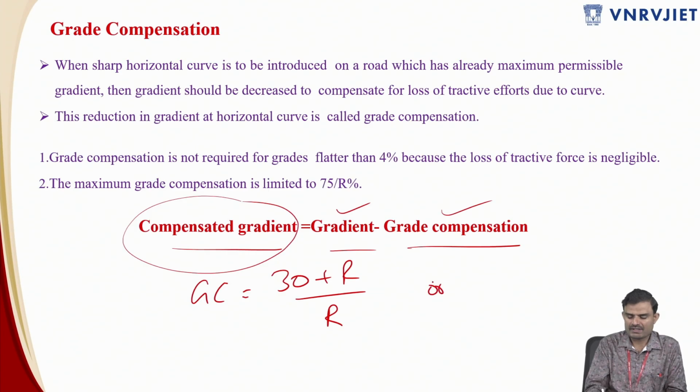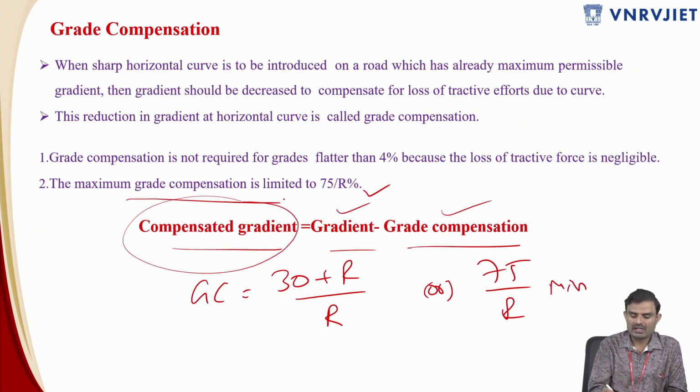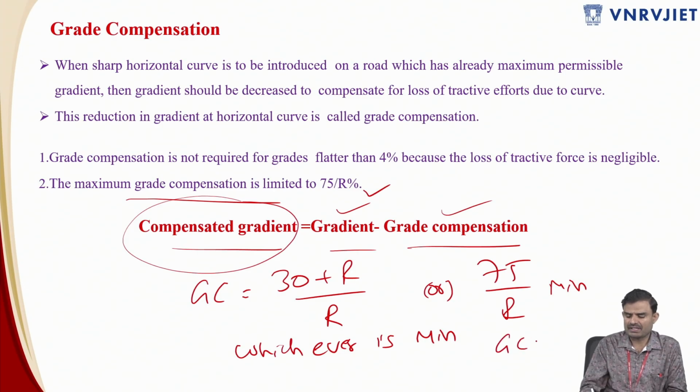Or the second one is 75 by R. That has already been mentioned over here, 75 by R, whichever is minimum. Of course, in both of the conditions, this will be the minimum value. So that is why it has been mentioned that the maximum grade compensation is limited to 75 by R percentage. Okay, whichever is minimum. And after providing compensation, at any cost, compensated gradient should not be less than 4%.